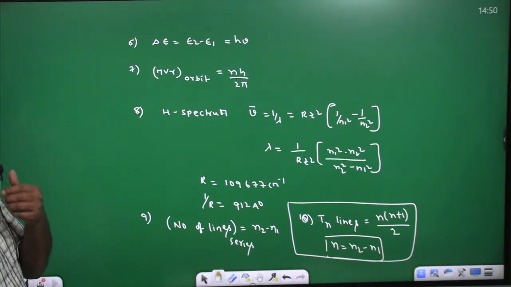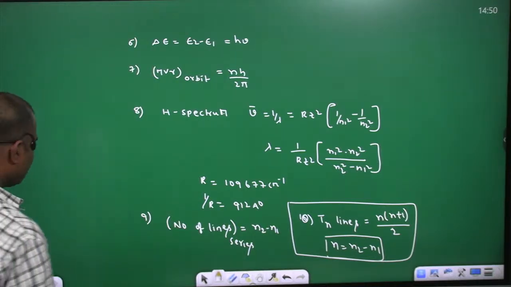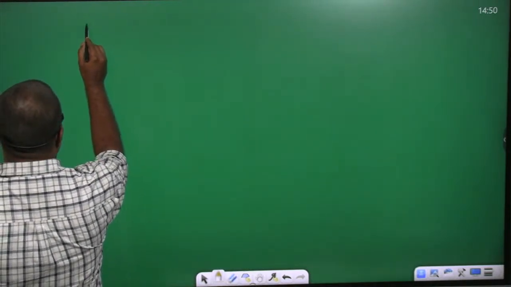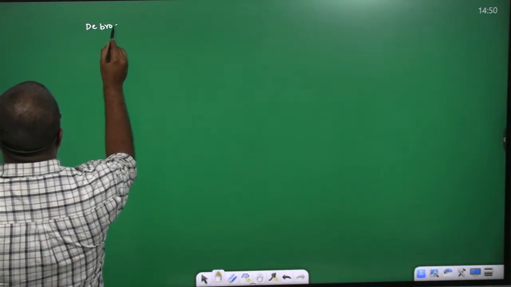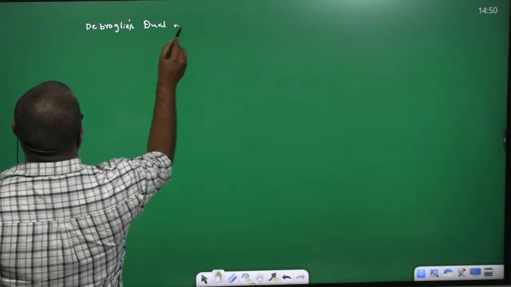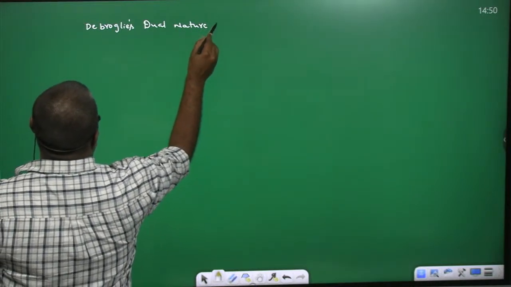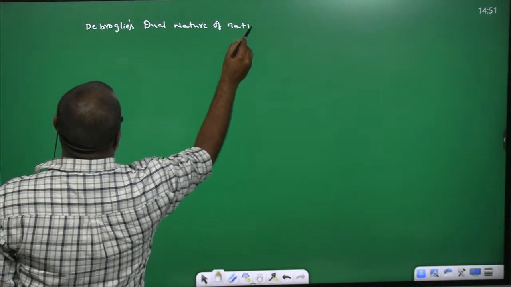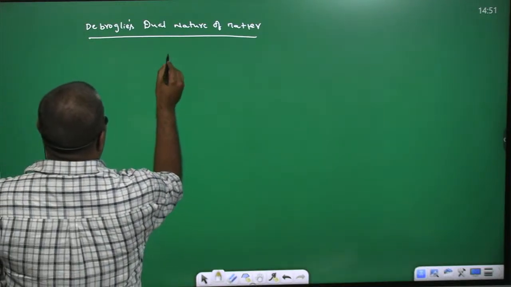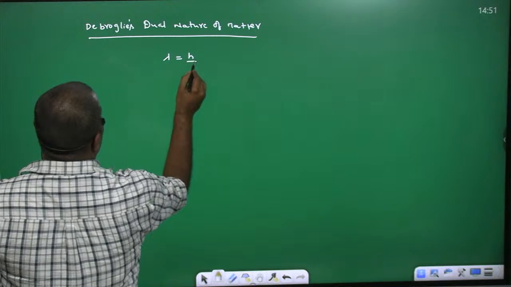Okay, see the next one. After Bohr's atomic model, de Broglie's dual nature of matter. How do we write the formulas based on this? Lambda equal to h by mv.